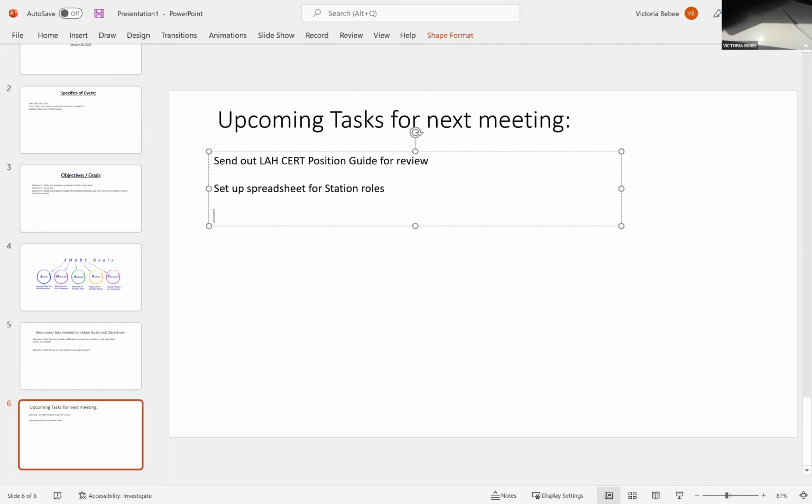Like we'll say, it's after an earthquake. And then we use that scenario, and each of the people that sign up for these station roles, as a group, we go through and that person talks about that station to the group. That way everyone gets a chance.